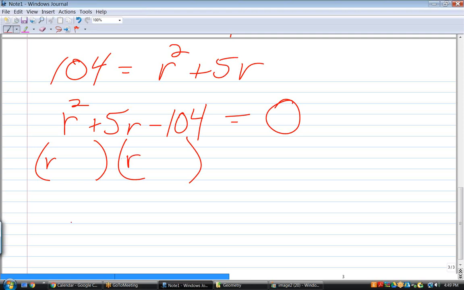What's the next step for factoring? I don't remember much on this, but determining what both signs are. Unfortunately, almost every geometry problem you're going to come across is going to have some algebra in it.